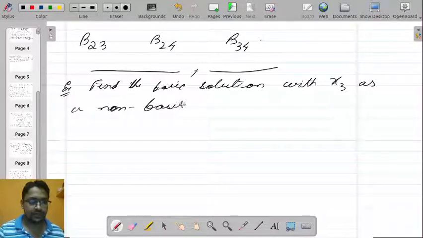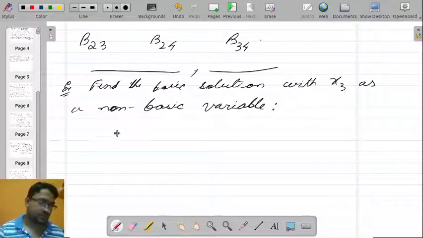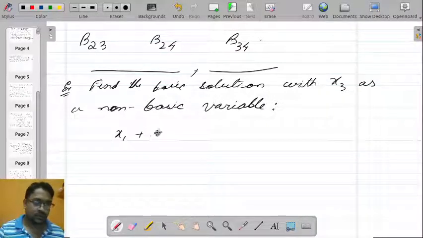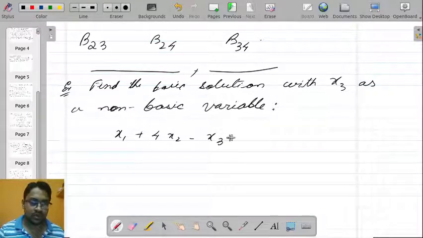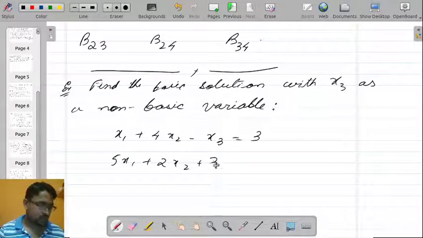That means you have to put x3 equal to 0. So it's simpler. In the earlier problems we had to find all basic solutions, that's not the case here. You are just asked to find the basic solution corresponding to x3 as non-basic variable. 5x1 plus 2x2 plus 3x3 equal to 4.